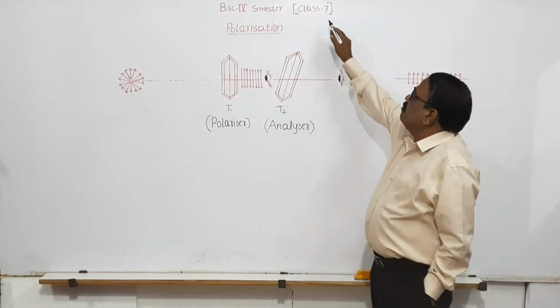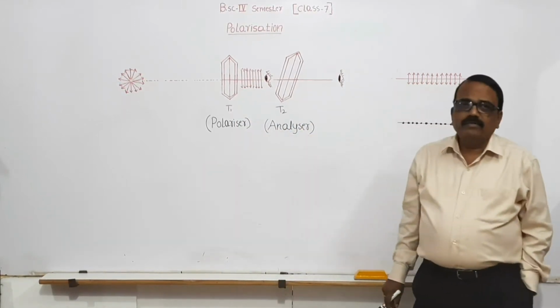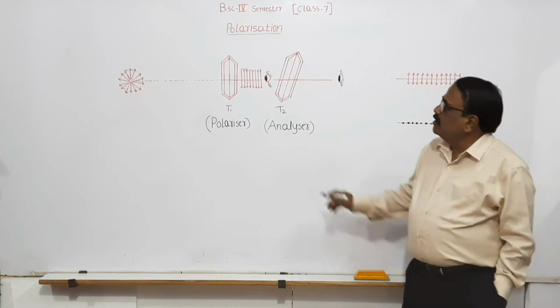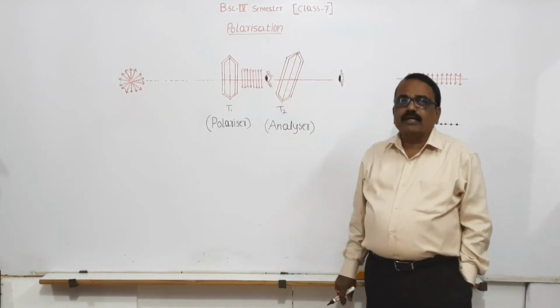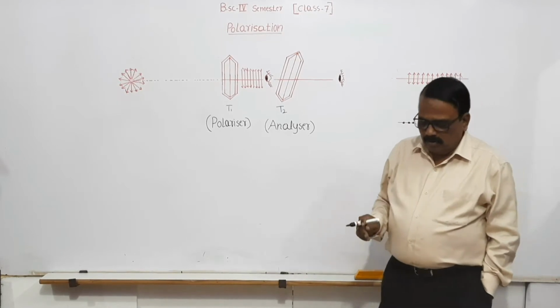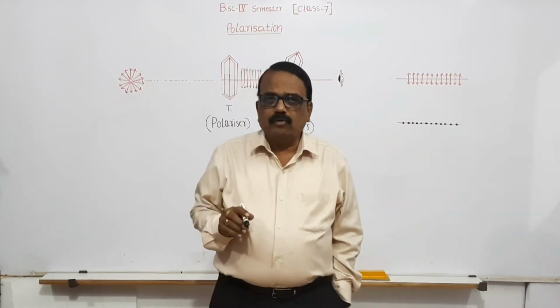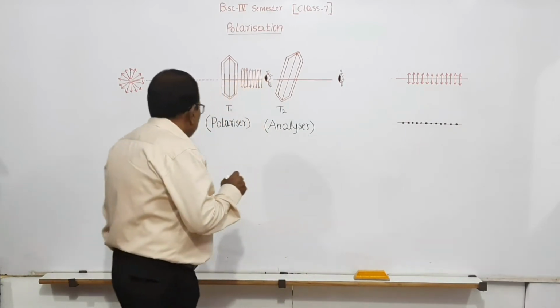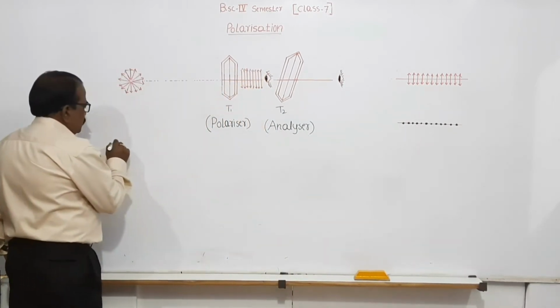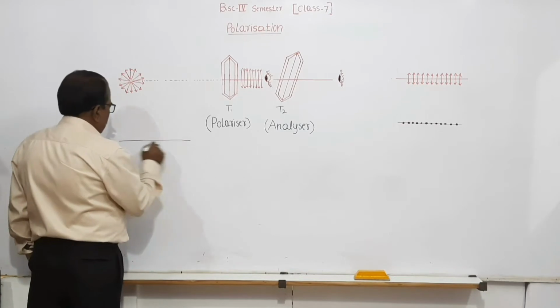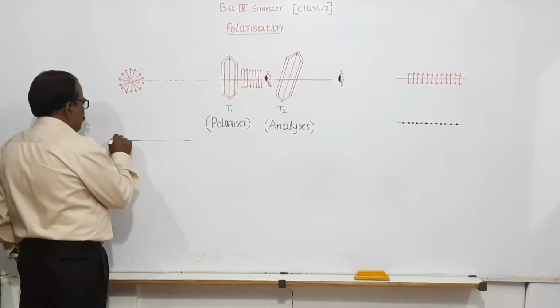Now in this seventh class, we have to study the next topic. It is polarization. You know that light waves are electromagnetic waves. See, they travel in the form of waves.